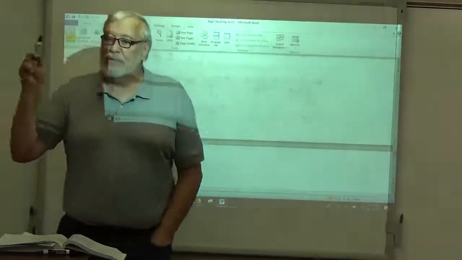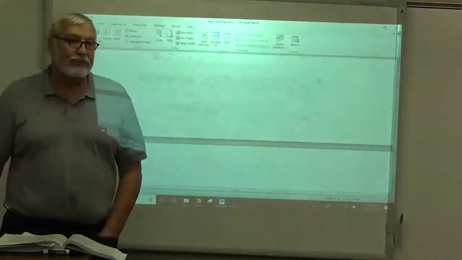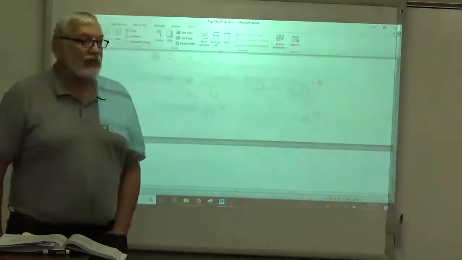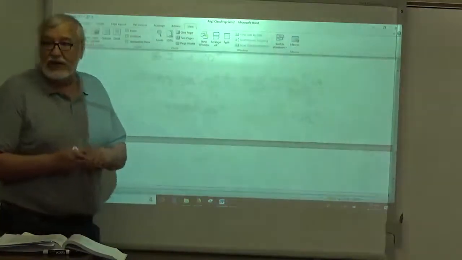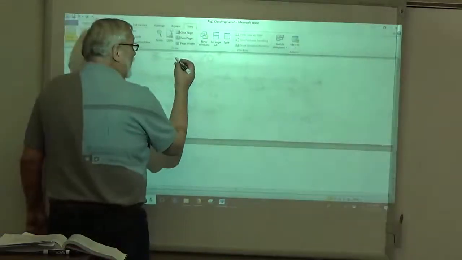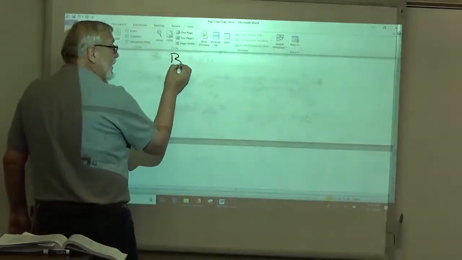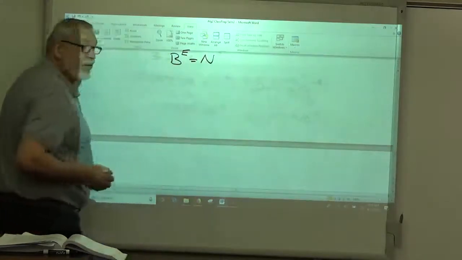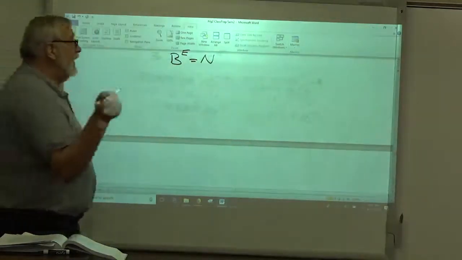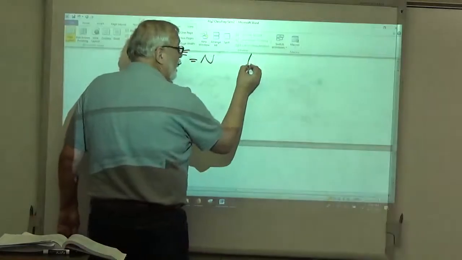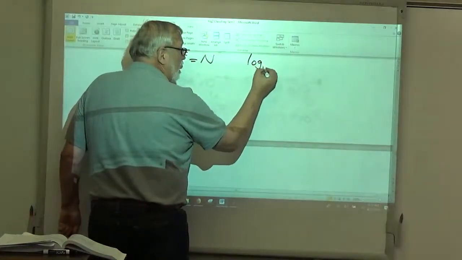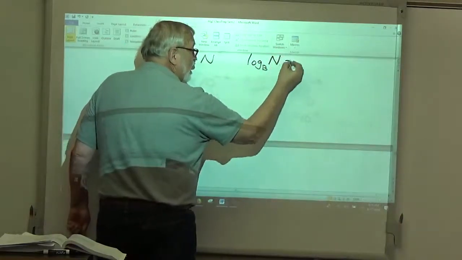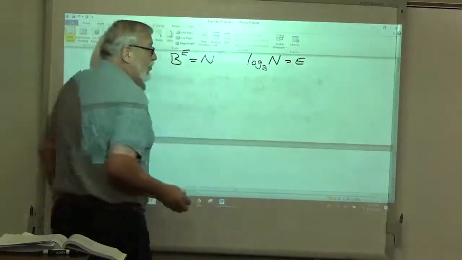First question. A logarithm is related to a what? An exponent. If you have an exponent, what you're talking about is a base to some exponent equals a number. Then the log of whatever base it is, in order to get that number, equals this exponent.